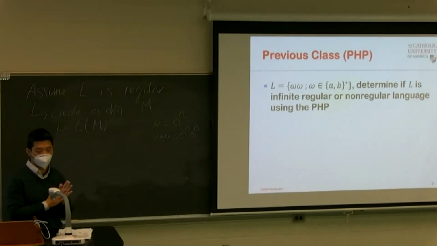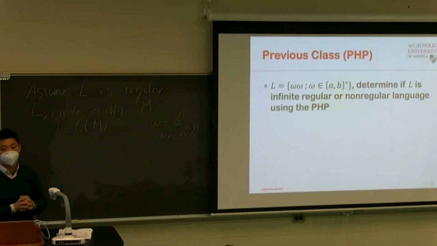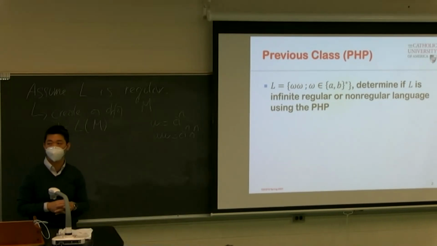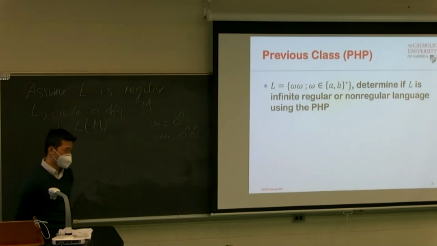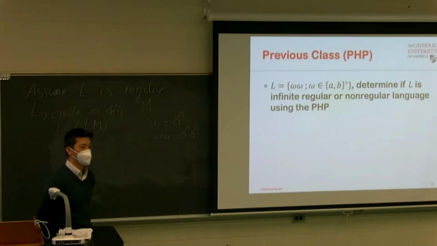So what kind of W should we pick? Should we use W that has both A and B together, maybe? For this language, you have to pick both. The string W has to have both A and B in it. Simply picking A to the N is not sufficient because it's only for an alphabet of just one symbol.